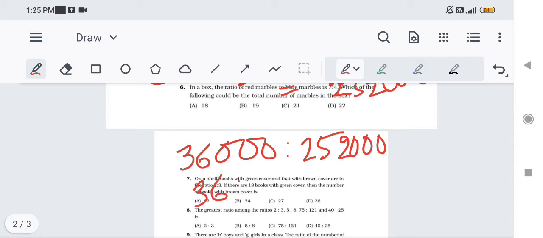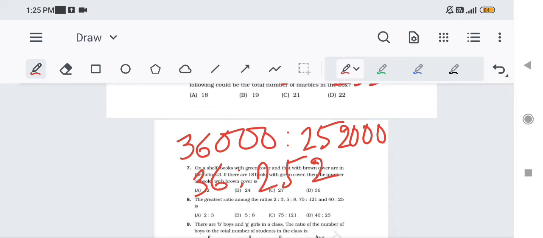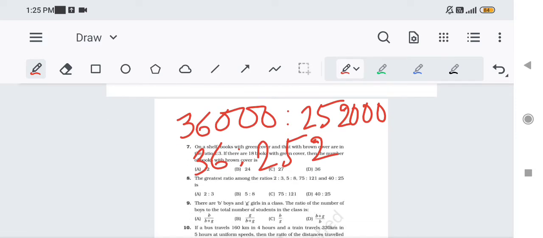After reducing it by 1000 we are getting 36 is to 252. Okay, then it will be better if you just find the HCF of these two terms and find the lowest term of this ratio. Let's do that.